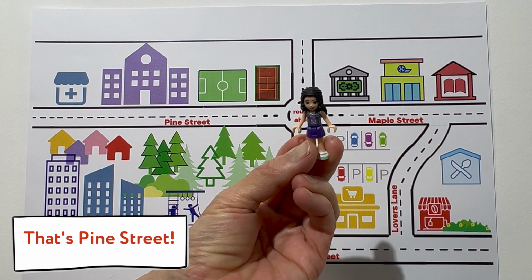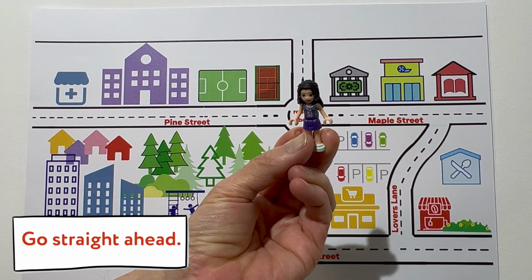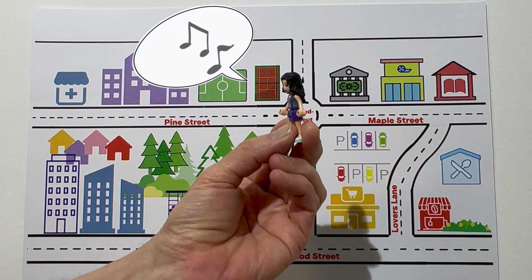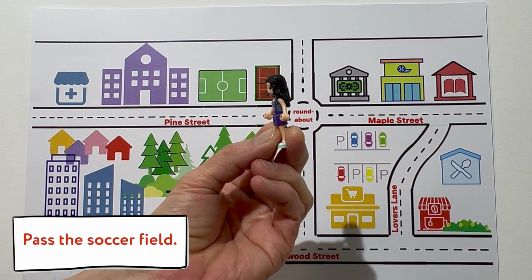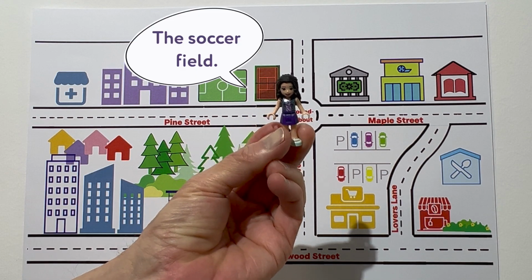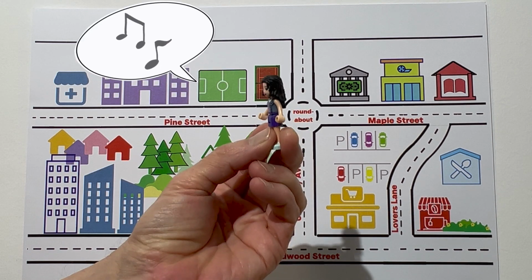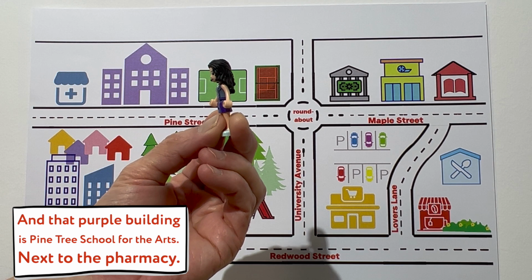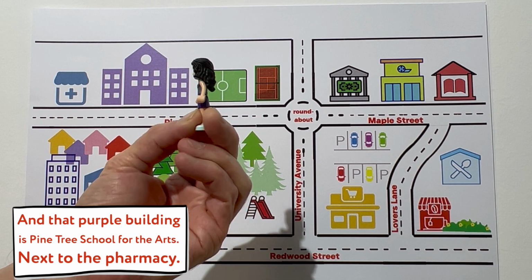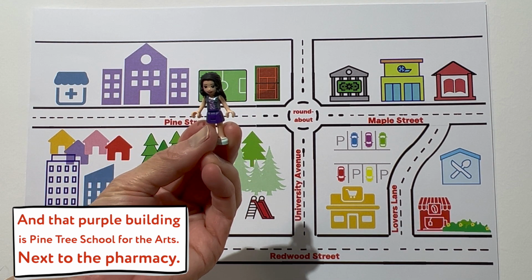Here? That's Pine Street. Go straight ahead. Straight ahead. Past the soccer field. The soccer field. And that purple building is Pine Tree School for the Arts, next to the pharmacy.